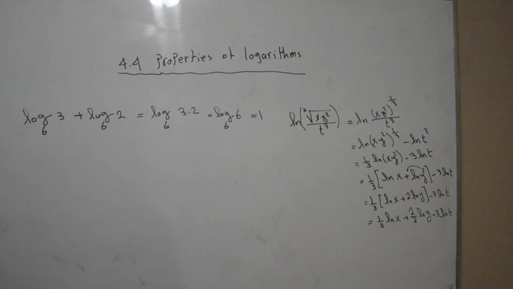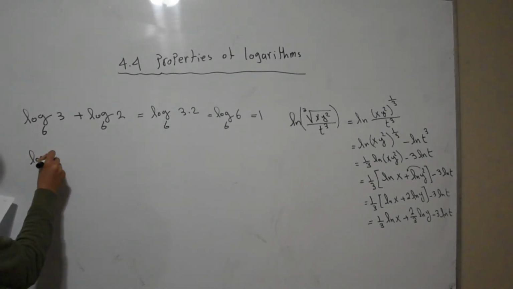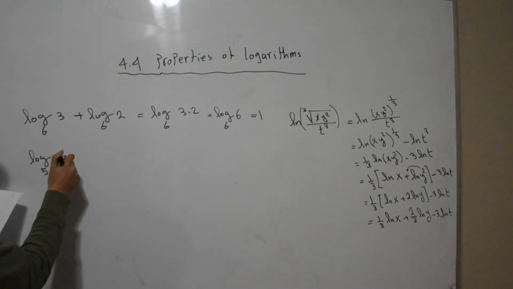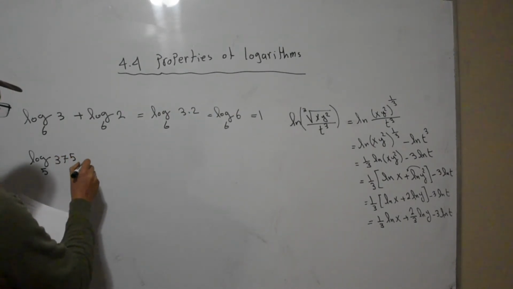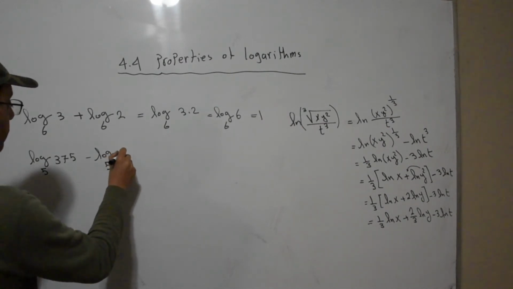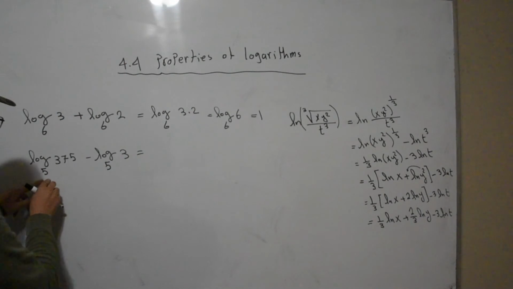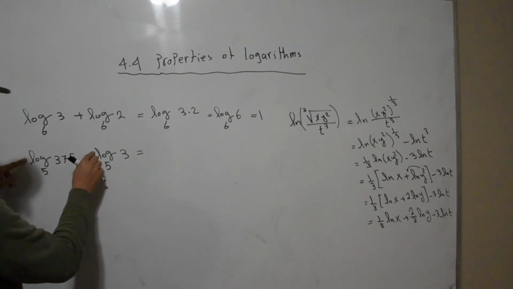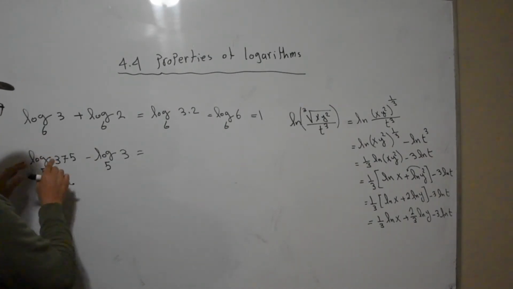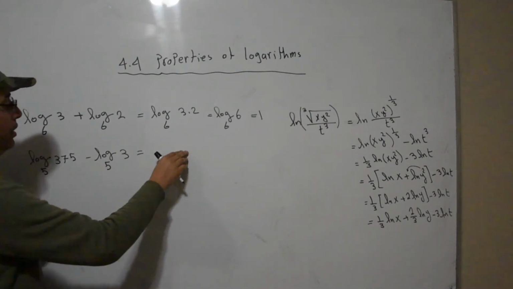Okay, one more example. I have log base 5 of 375 minus log base 5 of 3. Alright, the same thing, same base, coefficient is 1, then combine them together, but I have a negative here, so the positive one would be on the numerator and the negative one would be in the denominator.